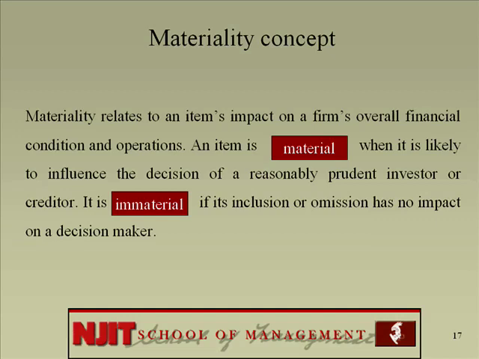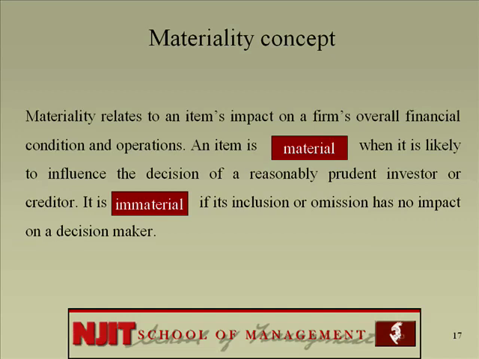It's immaterial if its inclusion or omission has no impact on a decision maker. Generally, if an item is material, you have to show it as an asset. If an item is immaterial, you can just throw it in under miscellaneous expense.